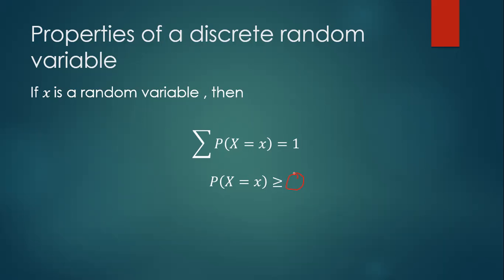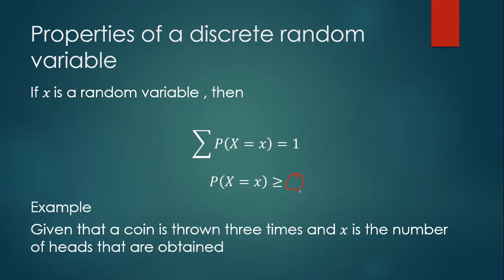So here we are saying probability of X capital equaling x small is greater or equal to 0. So the probability can either be 0, 0.1, up to 1. So here we are going to begin with the probability.